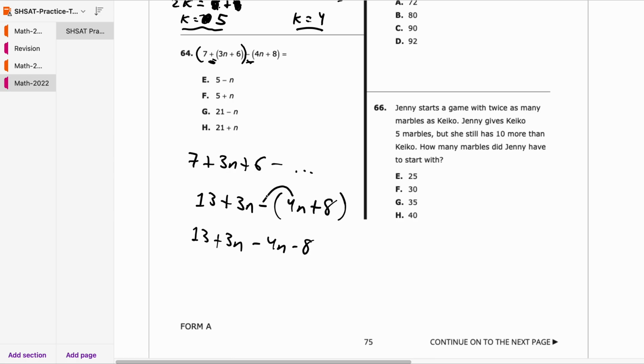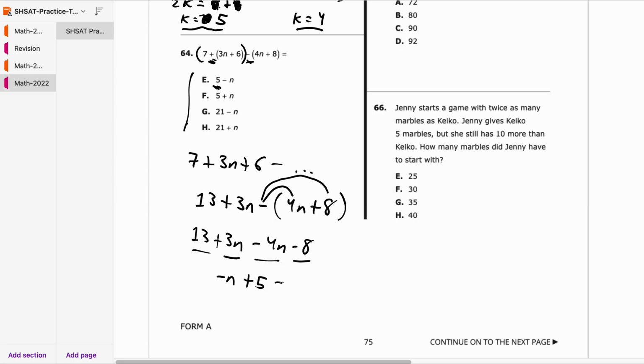So we're distributing this minus sign, right, to each term. And now what we're going to do is combine like terms. So we have 3n minus 4n is negative n, and then 13 minus 8 is going to be plus 5. So if we look at the answer choices here, we see that the constant term comes first.